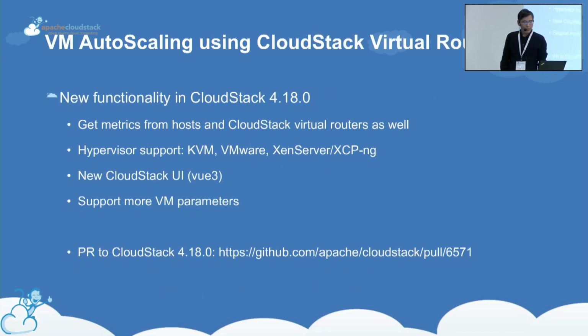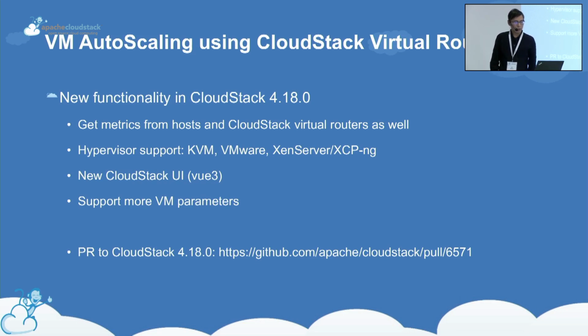And in CloudStack 4.18, we introduced a new functionality. So that is VM AutoScaling using CloudStack Virtual Router. The main changes: first, we get some metrics from the host CPU and memory, as well as the CloudStack Virtual Router. So there are more metrics than CPU and memory.